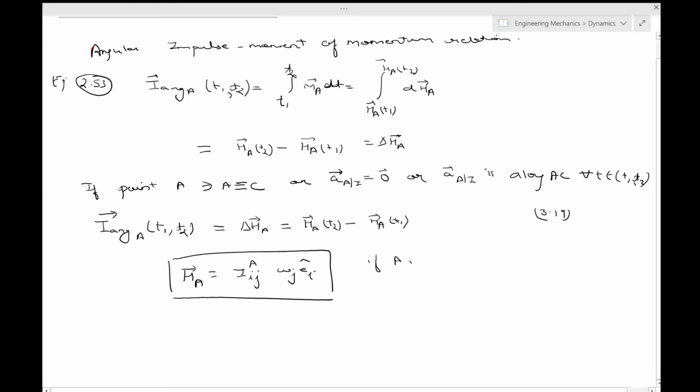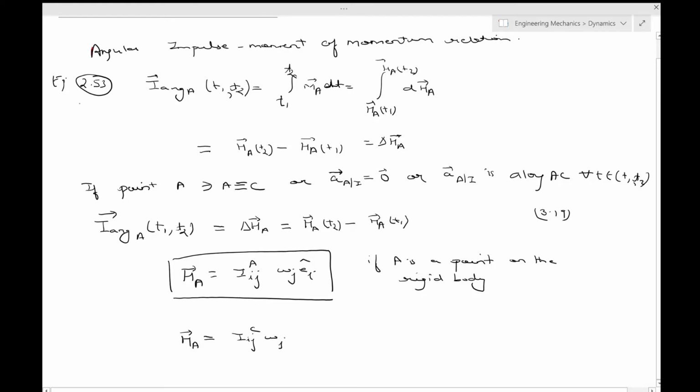If A is a point on the rigid body. If it is not a point on the rigid body, then it can be written in terms of the center of mass. So HA would be equal to HC. So I will directly write what HC is. It is Iij, because C is definitely a point about which this can be written.